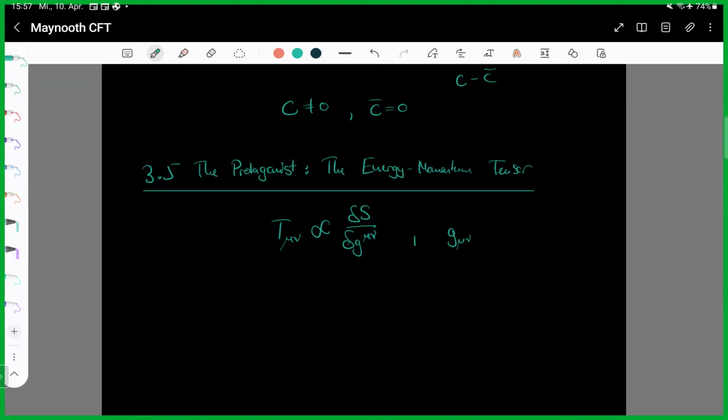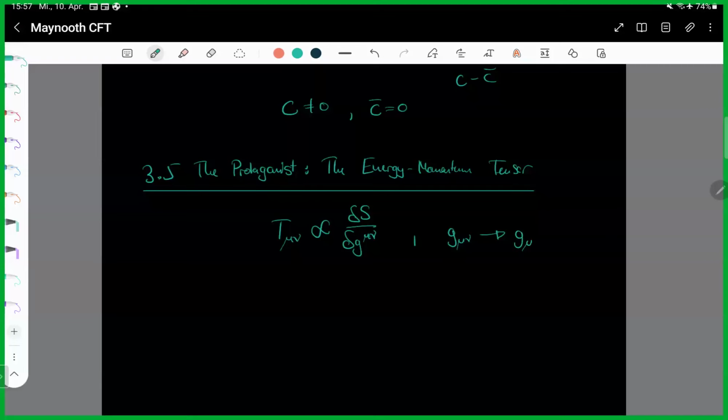I'm not going to do that here because the transformations that we're looking at are intimately related to scaling the metric. So the definition given, typically in the general relativity literature, of the energy momentum tensor being a variation with respect to the metric is more natural. This is a small variation.